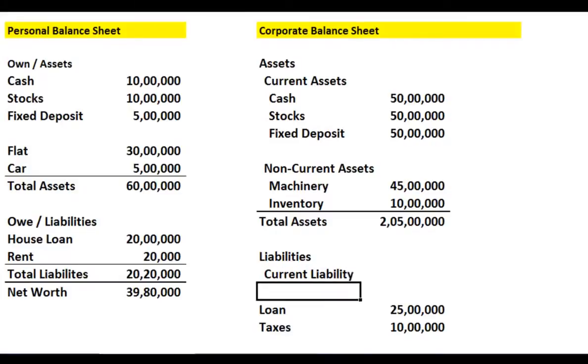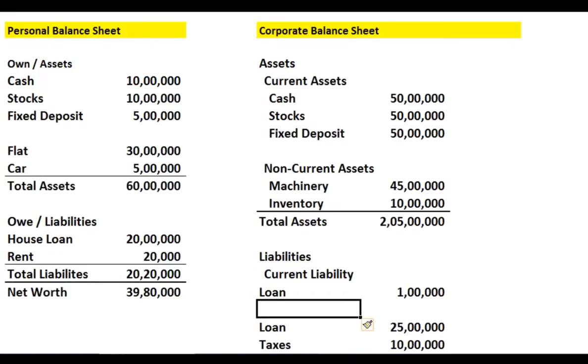Let's just say you owe only 1 lakh this financial period, and that's your current liability. Sorry, I put 10 lakhs. 1 lakh. That's your current liability. And this is what is called a non-current liability.